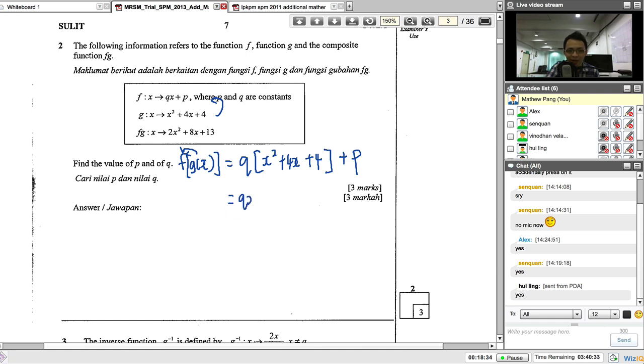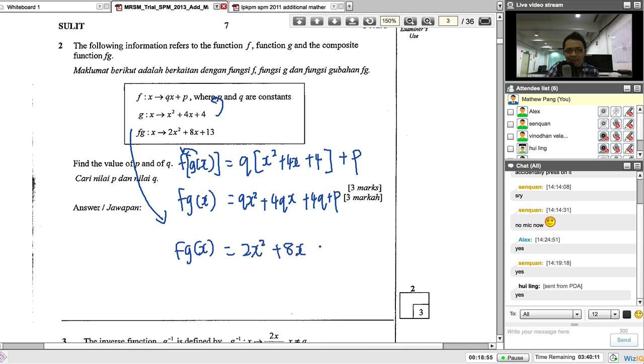I got qx squared plus 4qx plus 4q plus p. Alright, so this is fgx, right? Then we do the comparison with the answer. We got another fgx, this is from the answer. So this is 2x squared plus 8x plus 13, sorry.